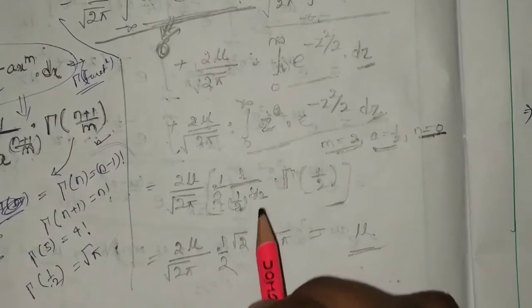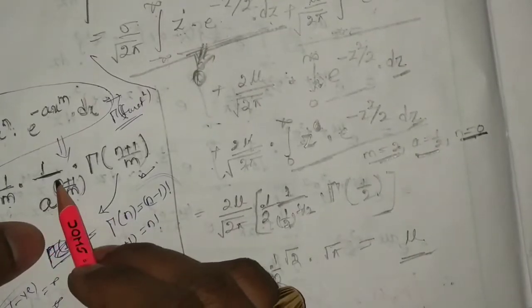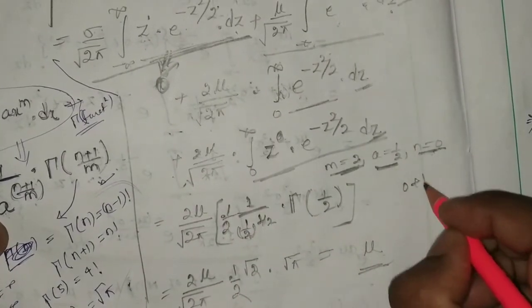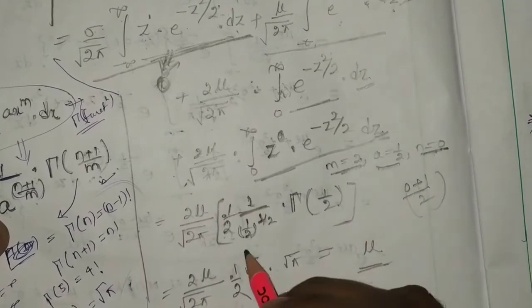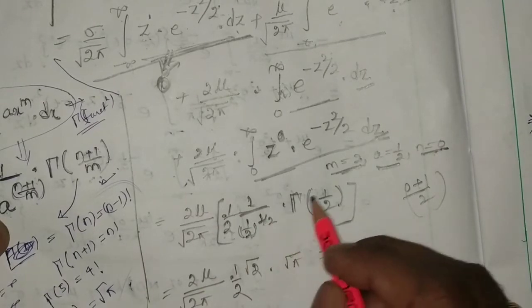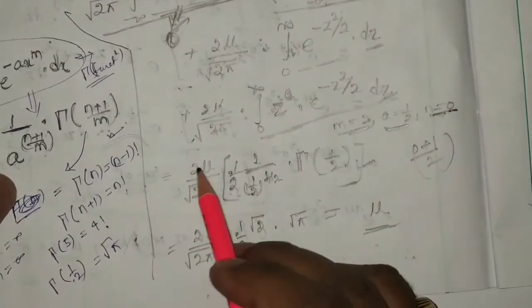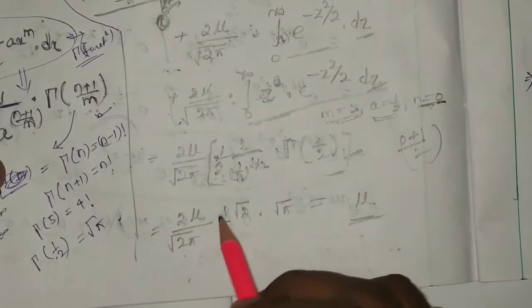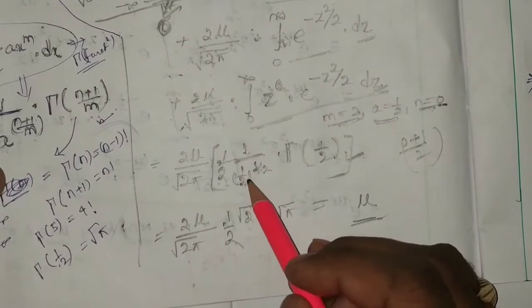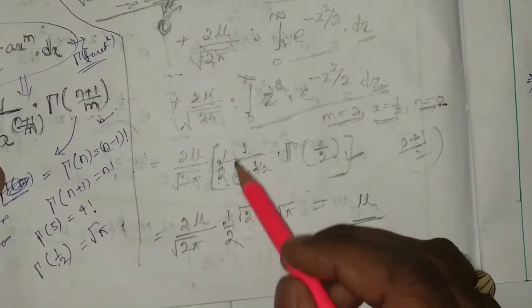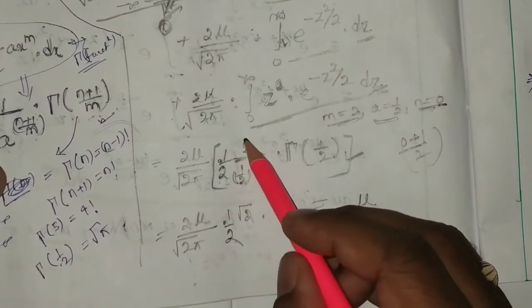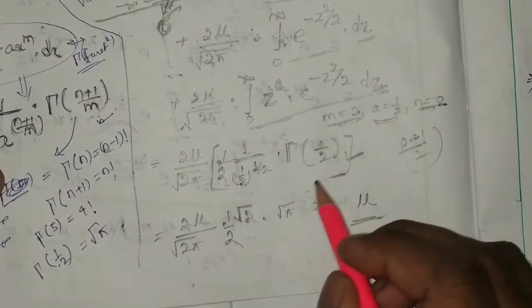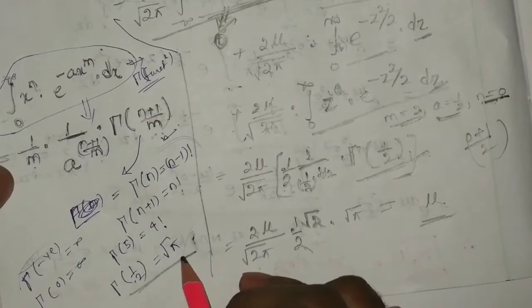You got my point? Here a to the power n plus 1 by m, n is 0, m is 2, so 1 by 2 to the power 1 by 2, gamma 1 by 2, right? So here 2 mu by root 2 pi is there, into 1 by 2. Here you can see 1 by 2 to the power 1 by 2; if 2 is taken to the numerator, it will be root over of 2, into root pi, because gamma half, I told you, is root pi.